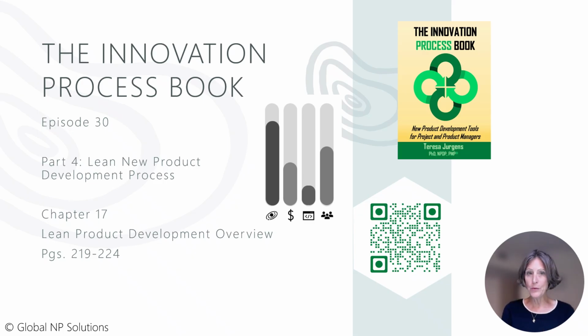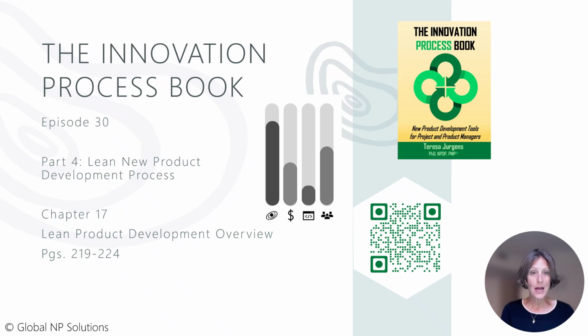If you've been following along in this series of the author reading the Innovation Process book, you'll know that each part covers the same sort of material for each of the four major different product development processes. We talked about waterfall and stage gated processes in part one.